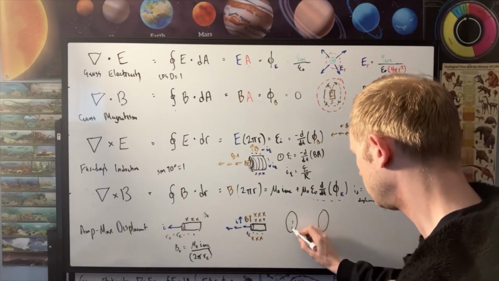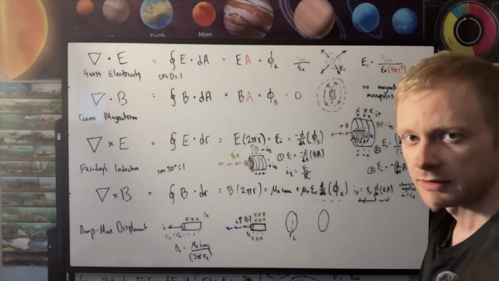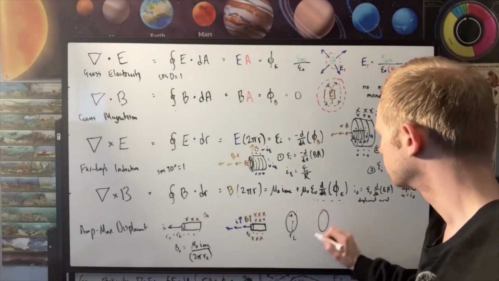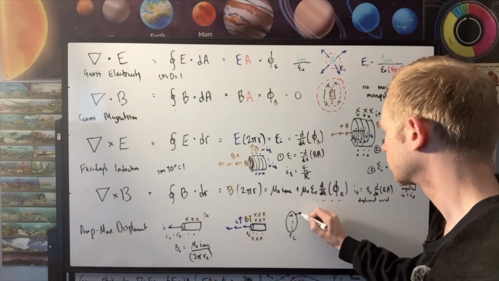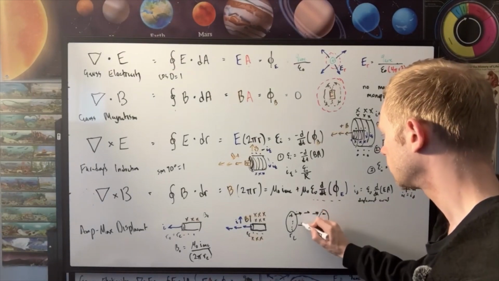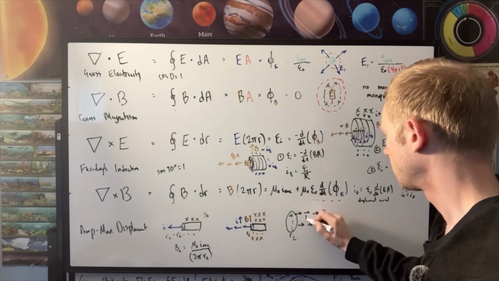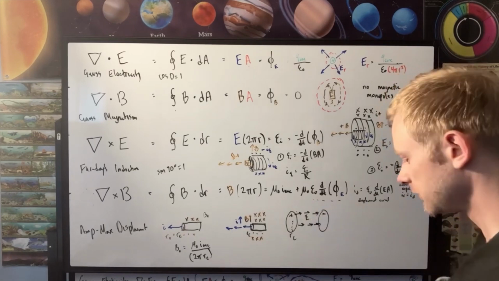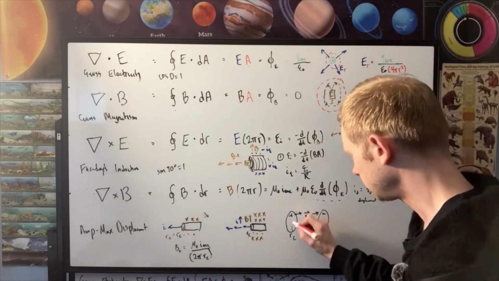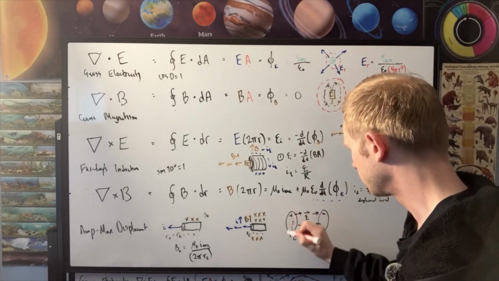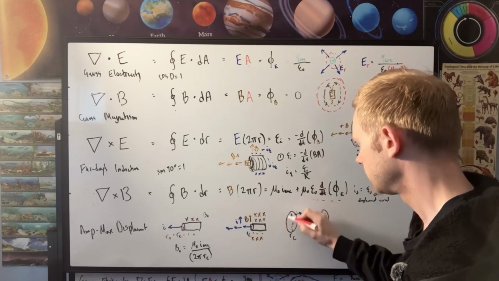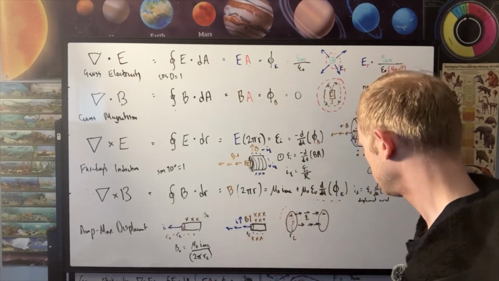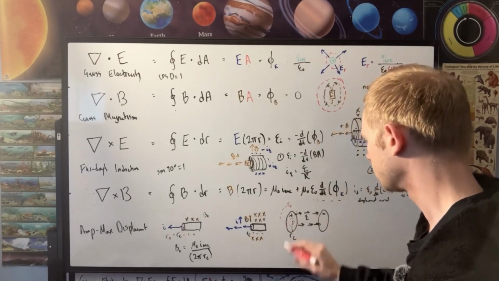And here is the radius of the capacitor. Now as we start adding or removing charges from these surfaces, then that electric field in between there is going to change. And so now you'll be able to essentially draw Gaussian spheres anywhere you want to. You can draw a sphere here, you can draw it on the perimeter, you can draw it out here, and those are going to be your R naughts.